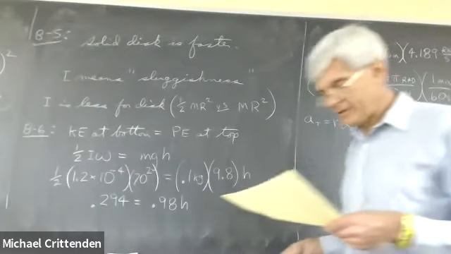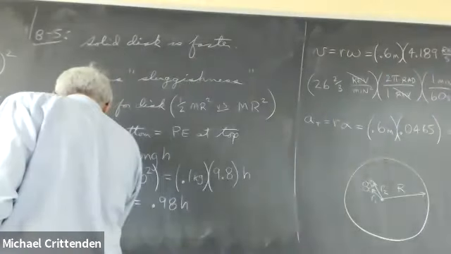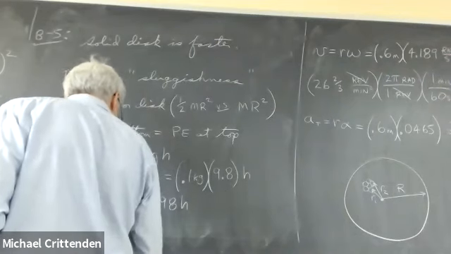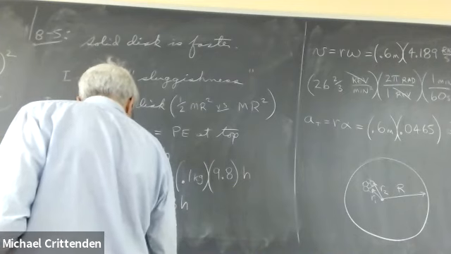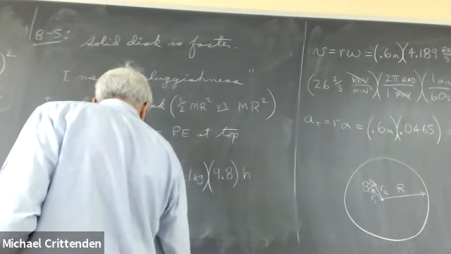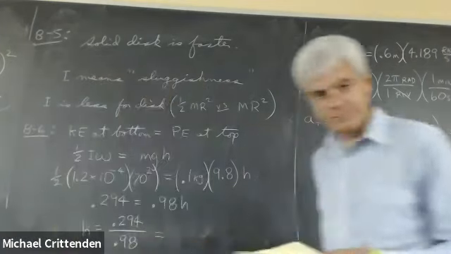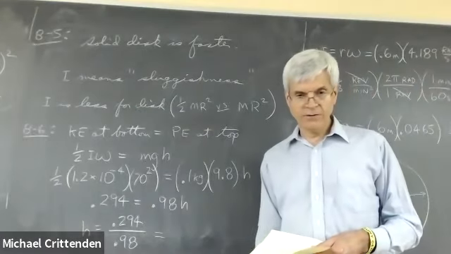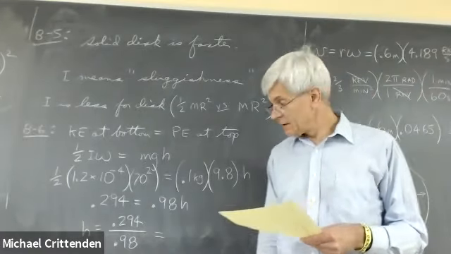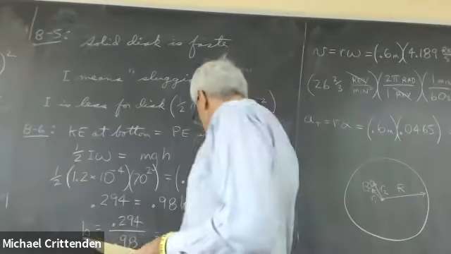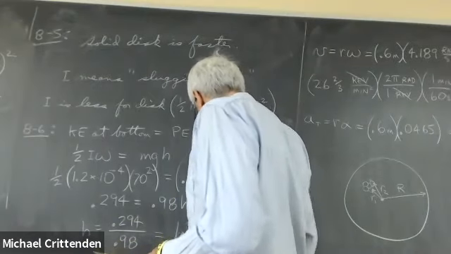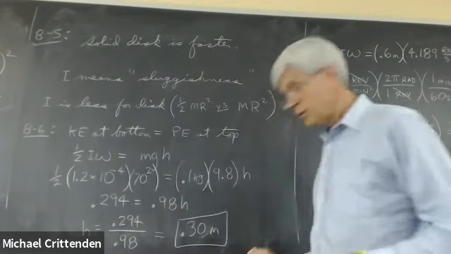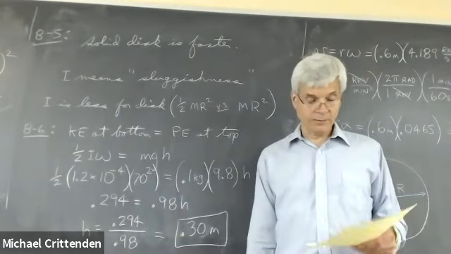Divide, solve for H. So you divide both sides by the 0.98. It comes out 0.30 of a meter, 30 centimeters.